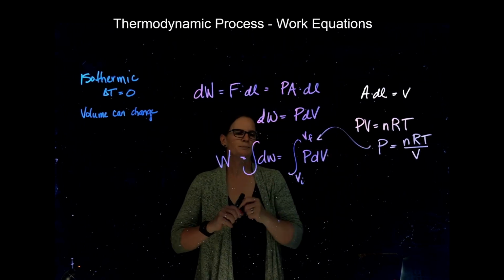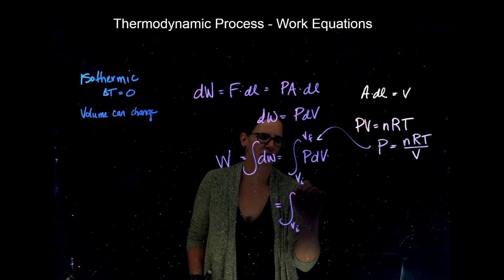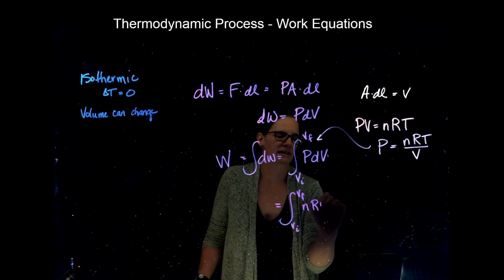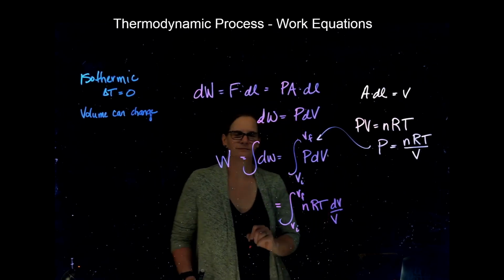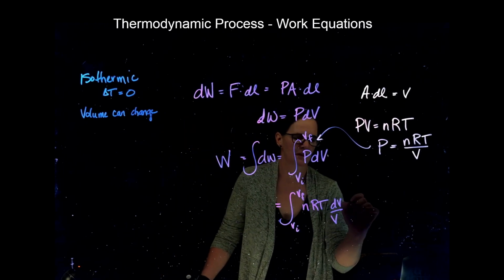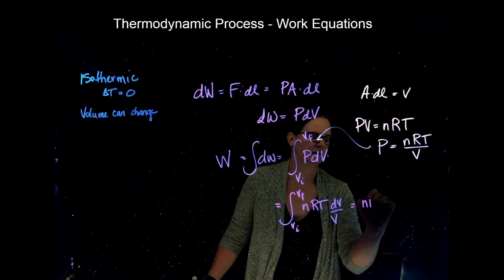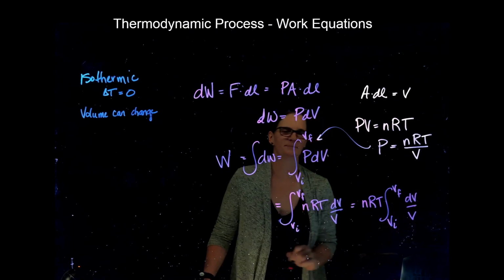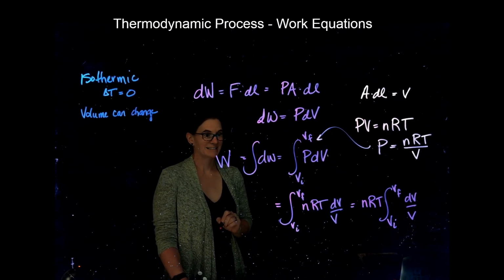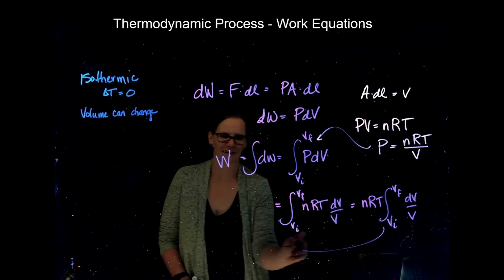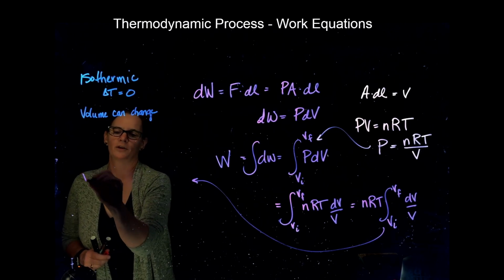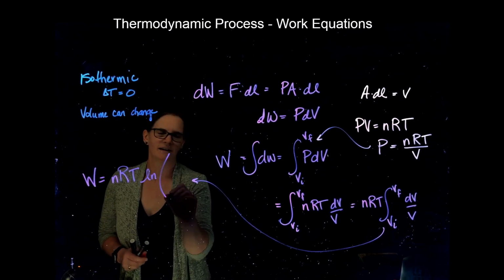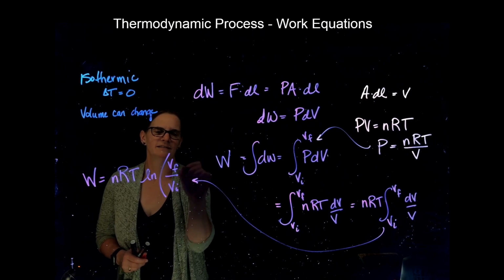So that leads us to the integral across the volume change, from the initial volume to the final volume, of nRT dV over V. Well, nRT, of course, is just a constant, so I'm left with the integral from the initial volume to the final volume of dV over V. And if I take that integral, the work is equal to nRT times the natural log of V final over V initial.